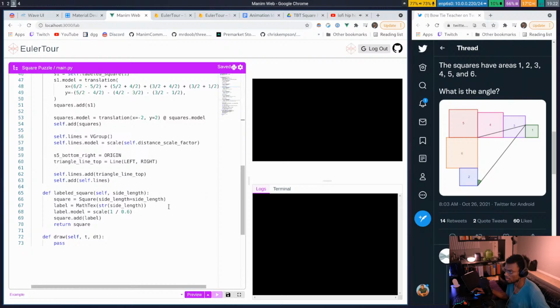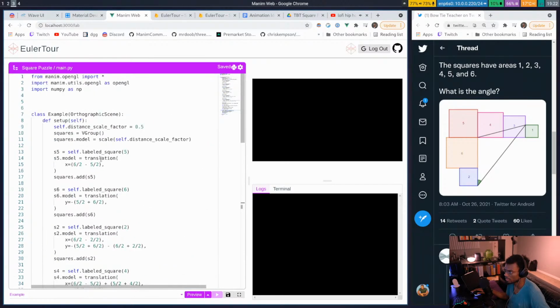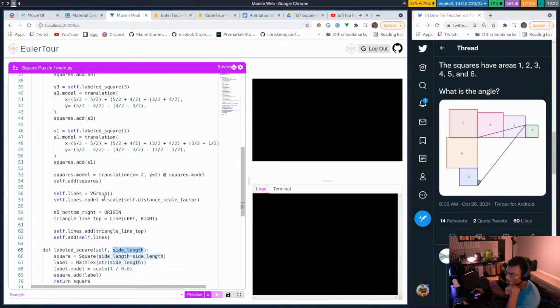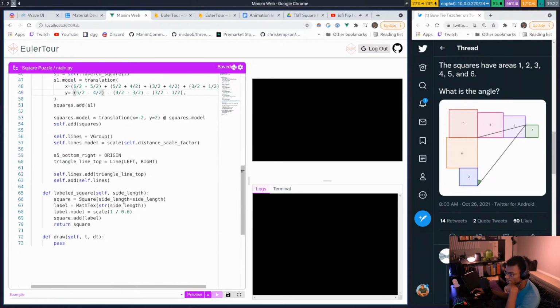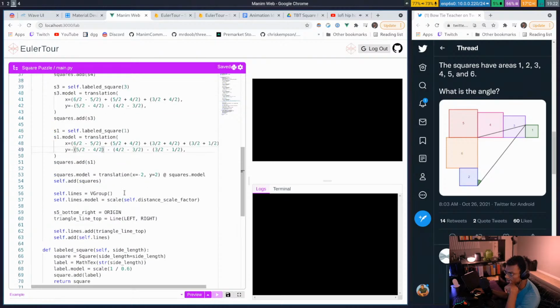But I will have to change these offsets. That's the most annoying part. Oh well.